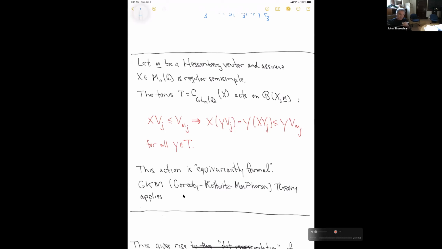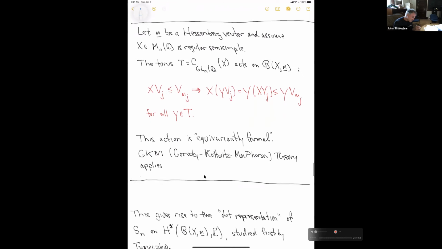It allows you to determine both the torus equivariant cohomology and the ordinary cohomology. Usually you get a presentation for cohomology, but here it allows you to get a representation. You can embed the cohomology ring, or the equivariant cohomology ring anyhow, inside a product of polynomial rings using some kind of complex one skeleton, if you like, of this variety.